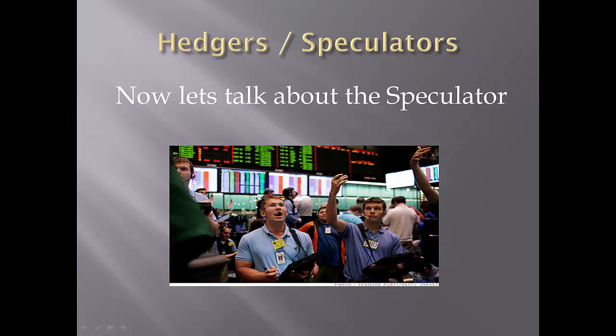The speculators are the ones in the market who are taking the risk off the hedgers. As traders or speculators, that can be day traders, medium-term traders, long-term traders, we are looking for or trying to predict upward and downward movement in prices to make profits.